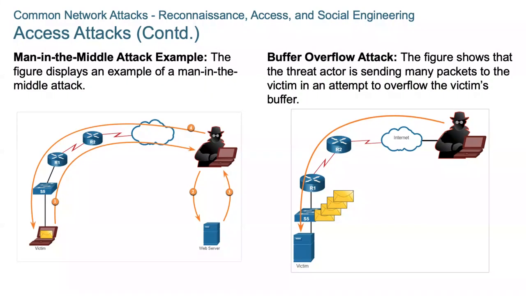So the threat actor exploits this buffer memory, because based on their speed, whatever the incoming packets are, they will be stored in the memory. So they overwhelm this buffer memory with unexpected values. This usually renders the system inoperable, creating a denial of service attack.